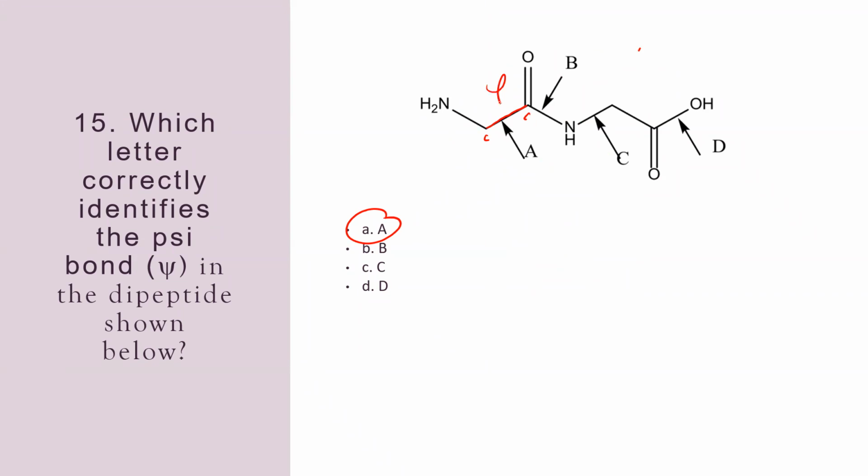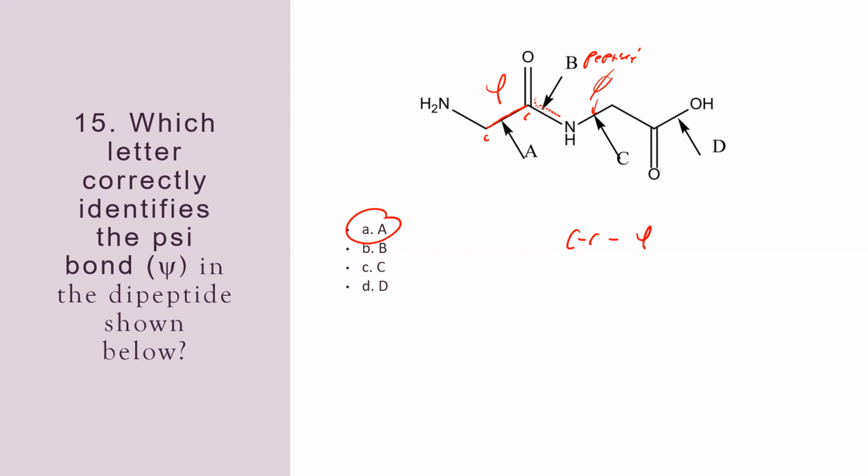And then here, what do we have? And how do you know it's peptide? Yep. So this actually has partial double bond character, right? Then what's this one? Phi.